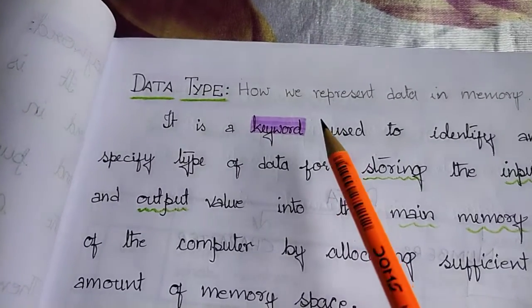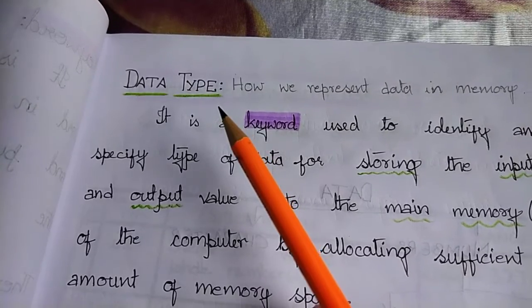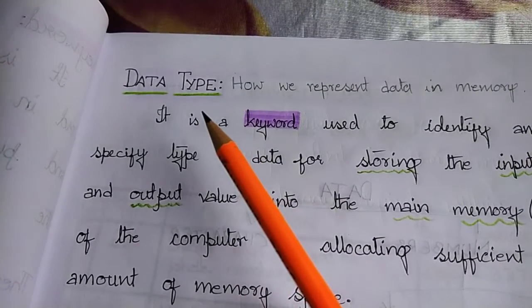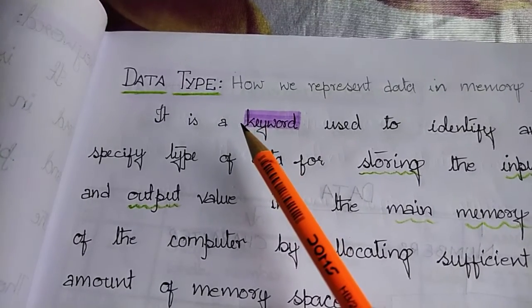Hello everyone. In today's class I'm going to explain to you about the data type. Since all of you know, data are those symbols that we use to represent or to store in the computer memory.